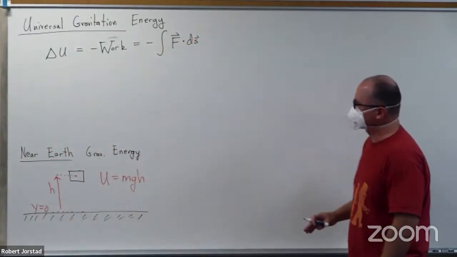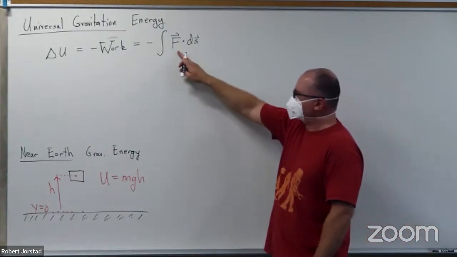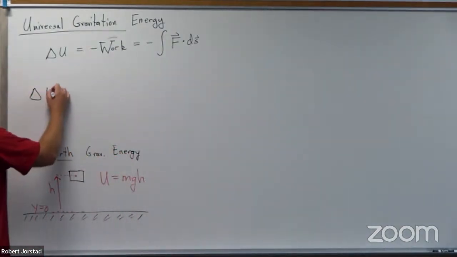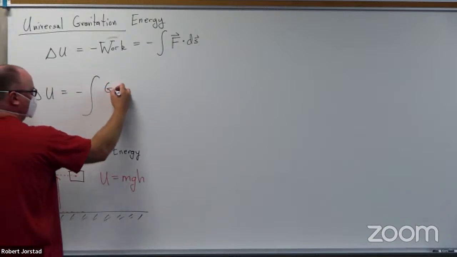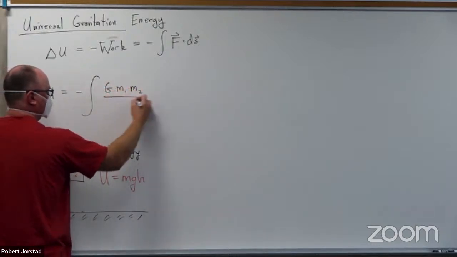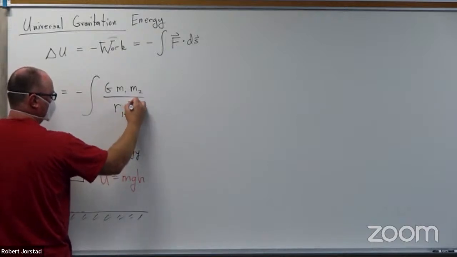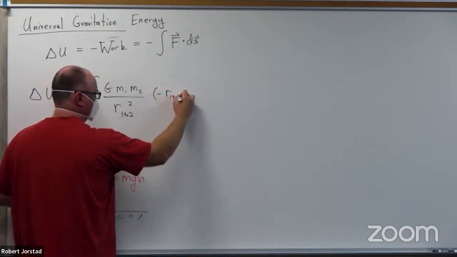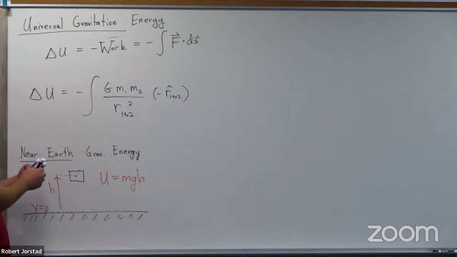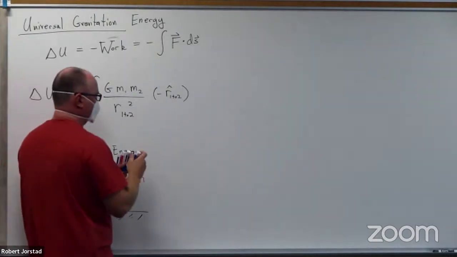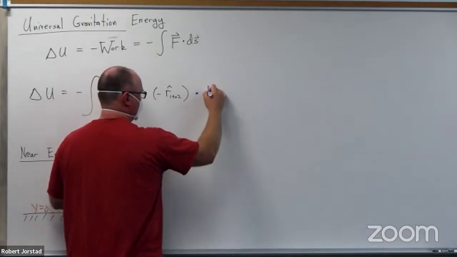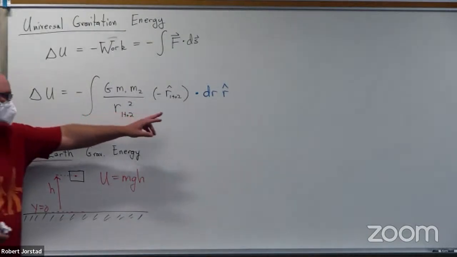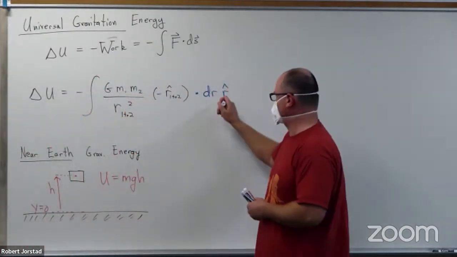Now, I want to point out, in this case, the force is in the radial direction. So I'm going to write that over here. We had G, and then I need to dot that with some sort of radial vector. Now here, maybe I should be using 1 to 2.